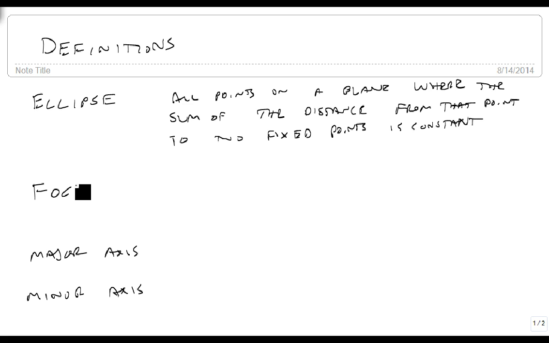And those fixed points are called the foci or foci, either will work, but these are the fixed points of the graph.